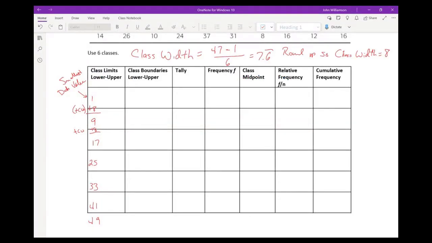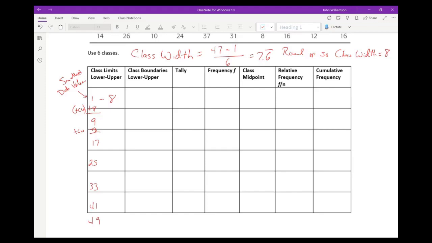Because we don't want overlap, the way we find the upper class limits is really simple. You take whatever the next class's lower limit is and subtract 1. That's your upper limit. So this class is going to go from 1 to 8, because I can't go up to 9, otherwise they would overlap. We just stop at the next lower whole number.